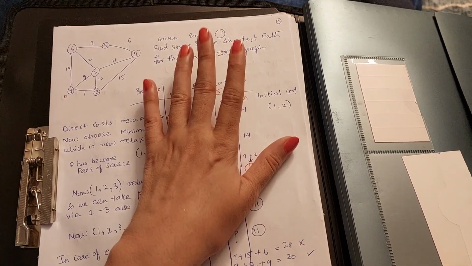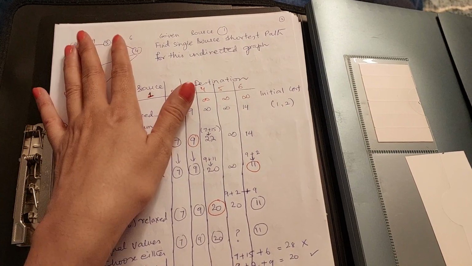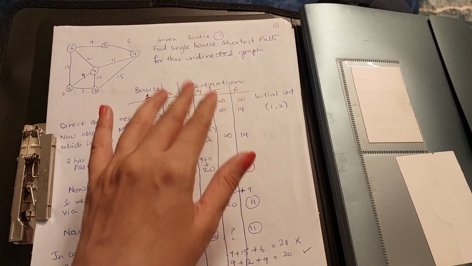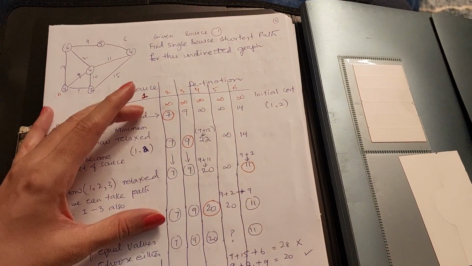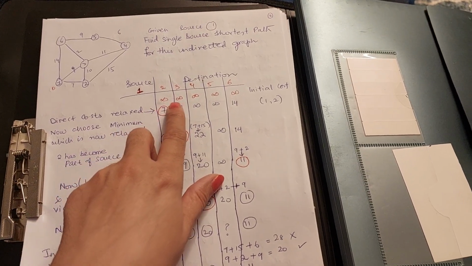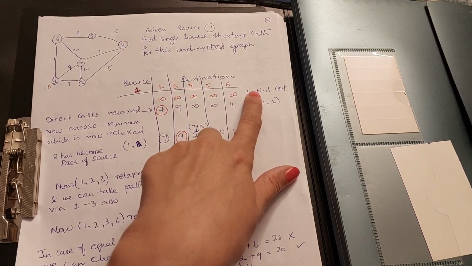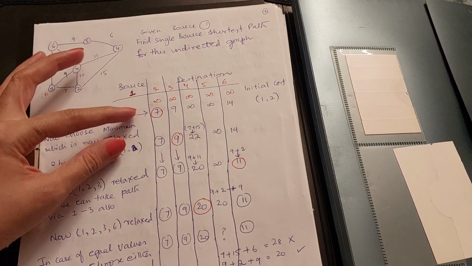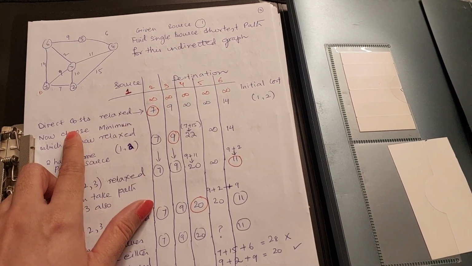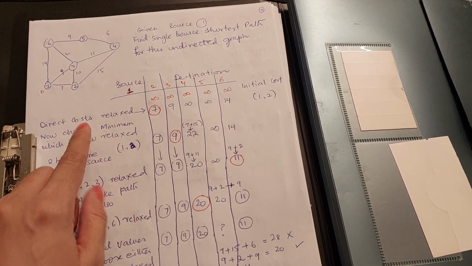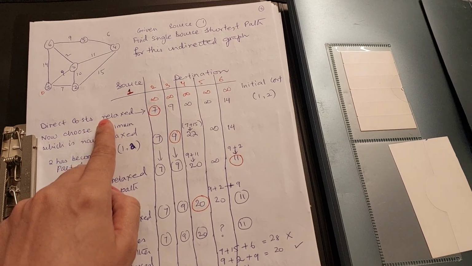So this is how we solve the graphs, and this is how we use a single source, and we try to find the shortest path to all the other points from that single source with the help of Dijkstra algorithm. In these steps, you initially consider the cost as infinity, and then one by one you relax these costs. First of all, direct costs are relaxed.